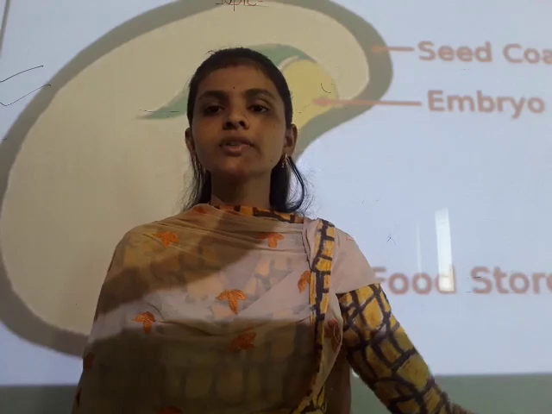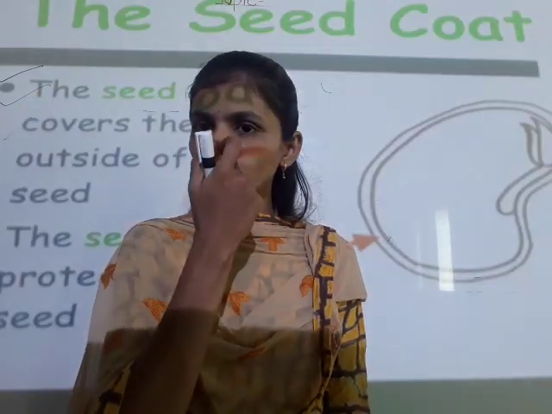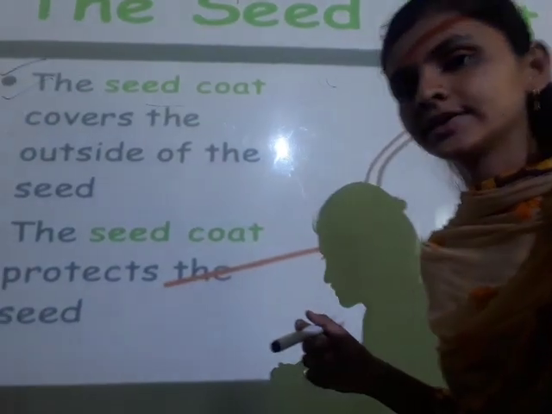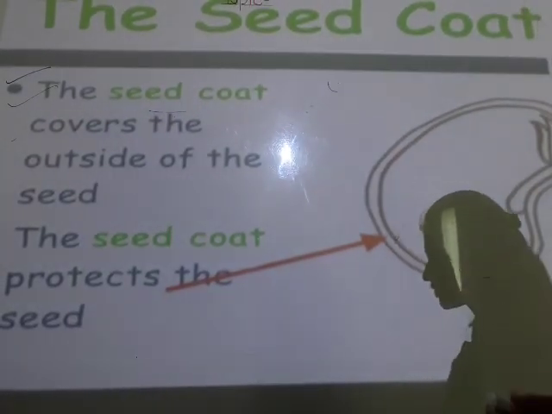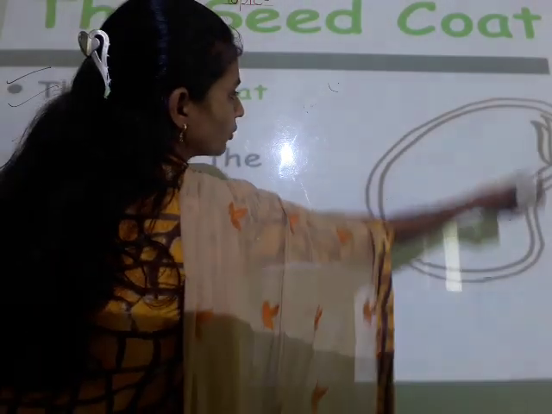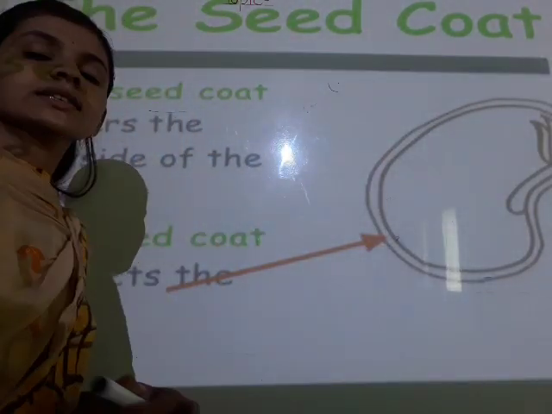First we will see the function of seed coat. Seed coat का working क्या है, seed coat कहाँ पे present होता है. So here you can see clearly, the outer layer of the seed is known as the seed coat.